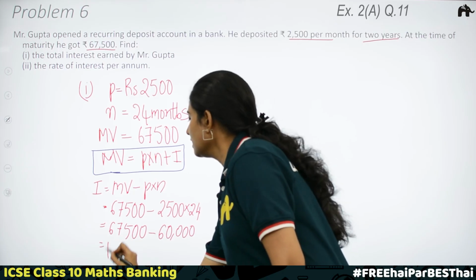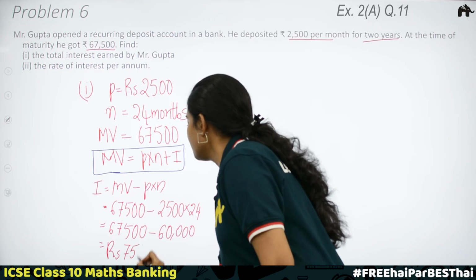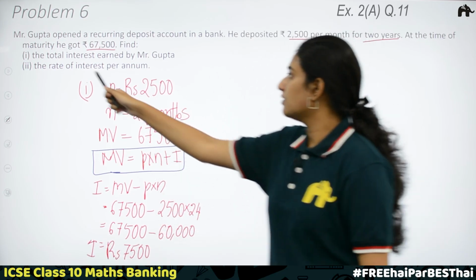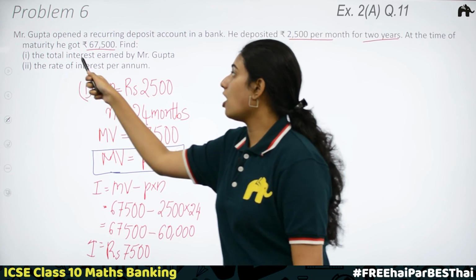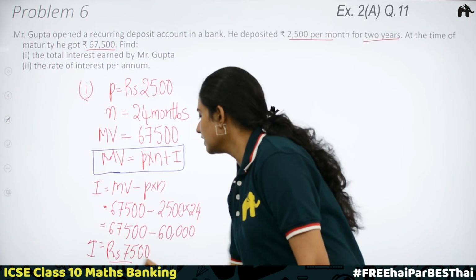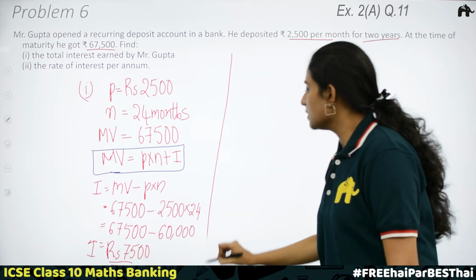On subtracting, you will be getting rupees 7,500, which is the interest. The first question, find the total interest earned by Mr. Gupta. Rupees 7,500 is the total interest earned by Mr. Gupta.